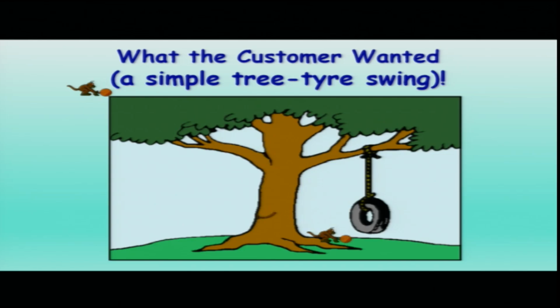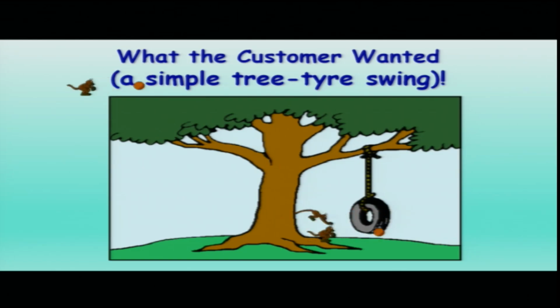But finally, what the customer wanted was a very simple tree tire swing. The customer just wanted that tire to be tied, okay, with a good rope. But the people understood this tire as tier, different layers, and from that the confusion started, and finally when manufacturing set it, nobody can use it actually.